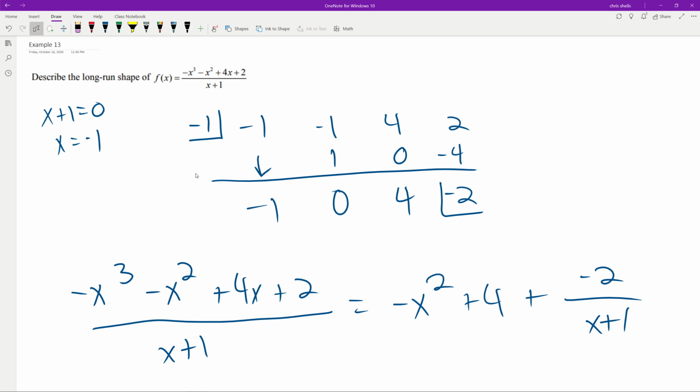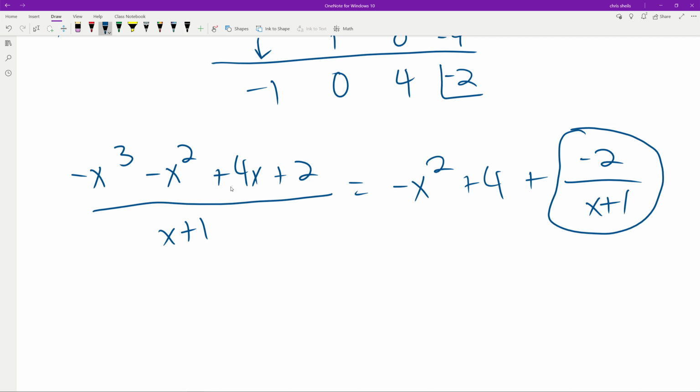Now notice again that this last term is going to be insignificant in terms of the shape of the graph as I go out towards positive or negative infinity.